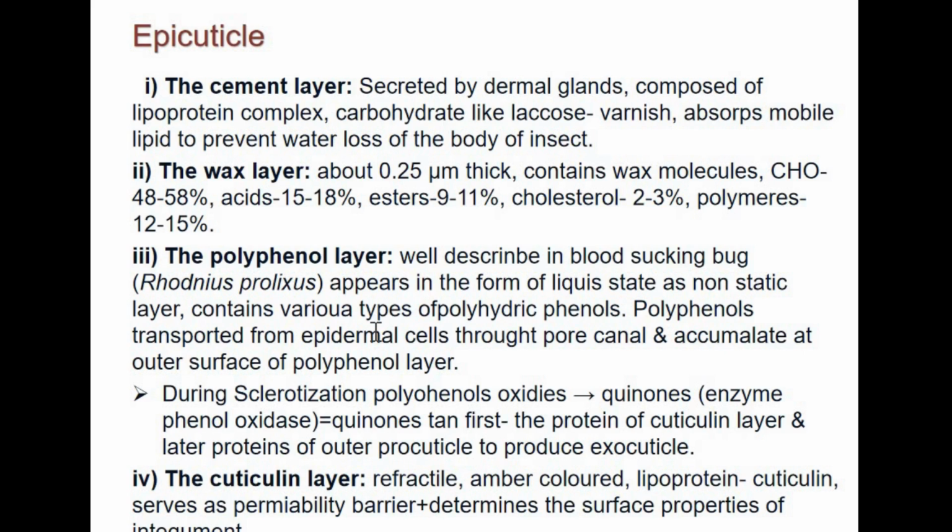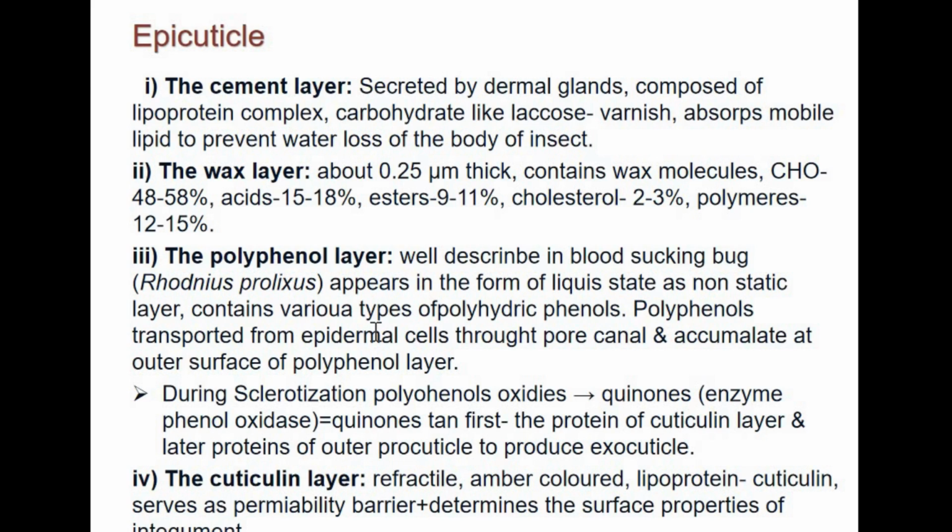The polyphenols are transported from the epidermal cells through the pore canals and accumulate on the outer surface of the cuticulin layer. In most insects, instead of forming an independent layer, polyphenols are used to impregnate the cuticulin.